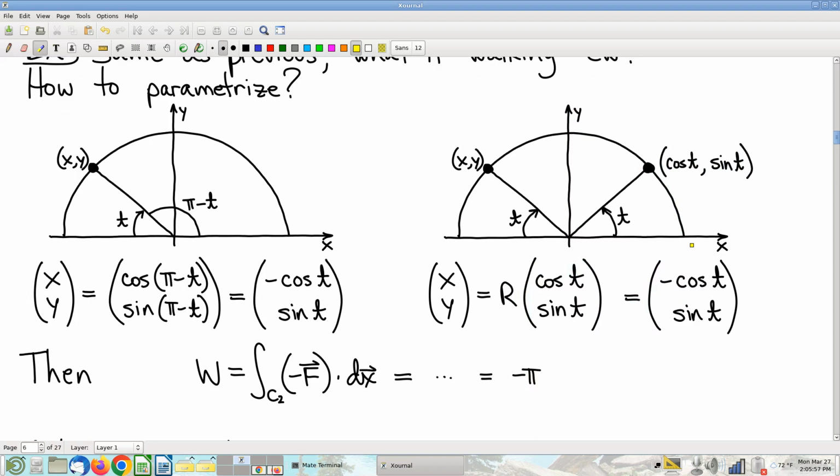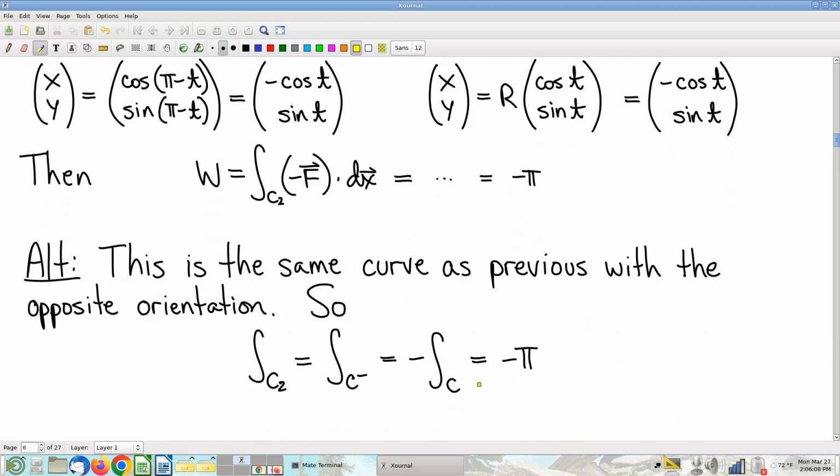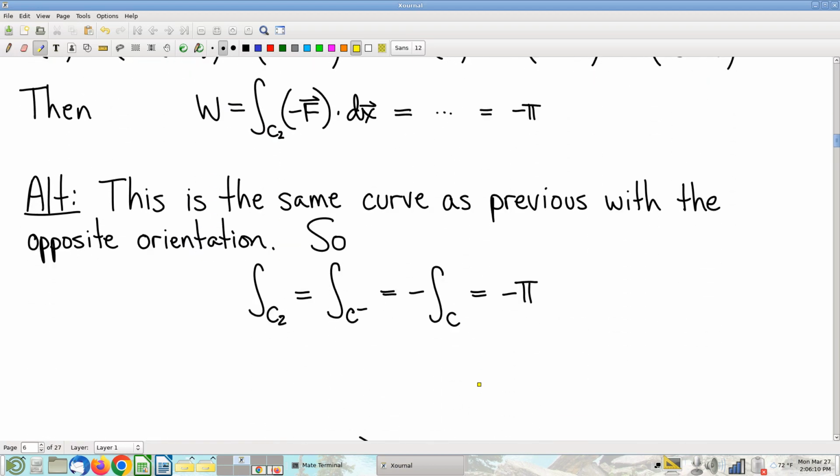Once you have your parameterization, plug and chug as before. So that's two solutions to this revised example. The third solution, and in this case by far the best solution, is to say this is exactly the same question as we already know the answer to, except we're going the opposite direction.